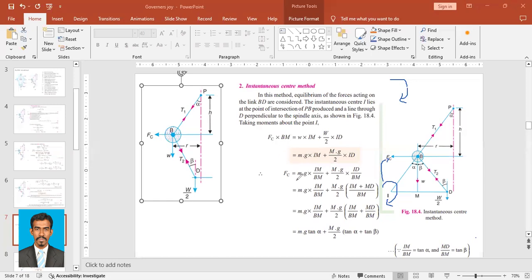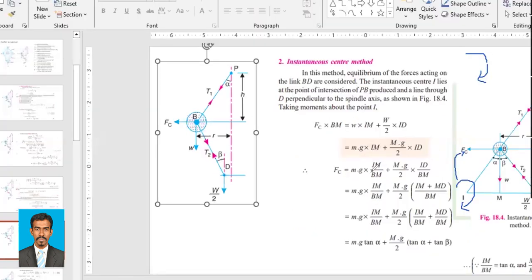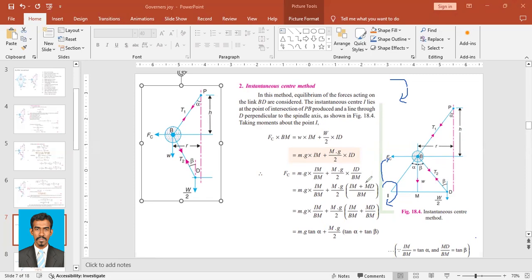So FC is equal to mg into IM upon BM plus capital Mg by 2 into ID upon BM, as I am dividing the complete equation by BM.